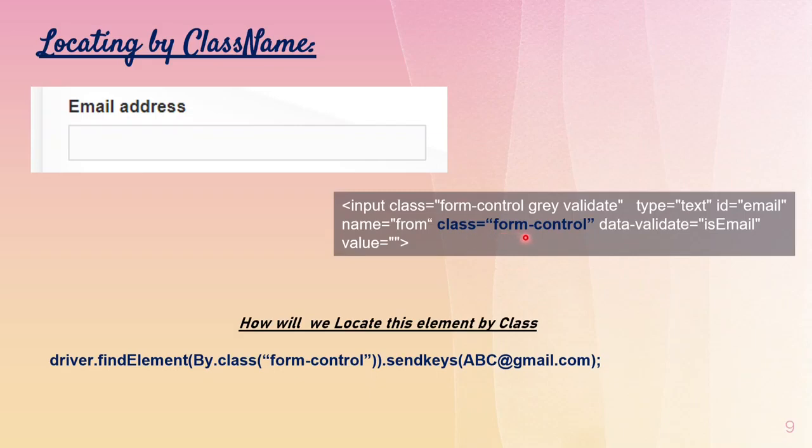It's not unique, whereas the ID is a unique value given to each element. For class, the value for multiple elements is similar. So many automation testers use the class locator much less compared to ID and name.